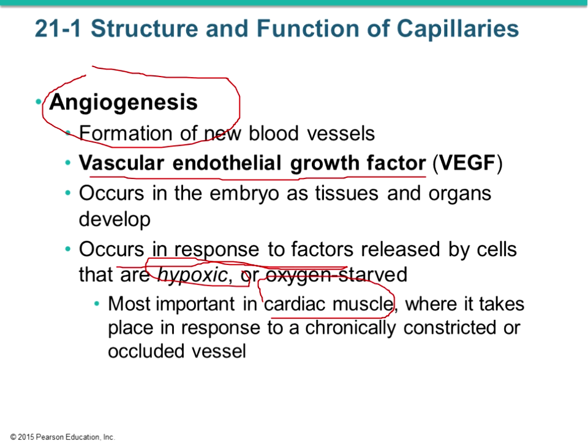And so oftentimes, for instance with cardiac muscle, where you obviously need a constant, steady supply of oxygenated blood, if there's a blockage or a slowing or oxygen starvation going on, the body will actually start to produce little collaterals, they're called. And collaterals are alternate routes of blood flow to bypass the one that's really not working that well.